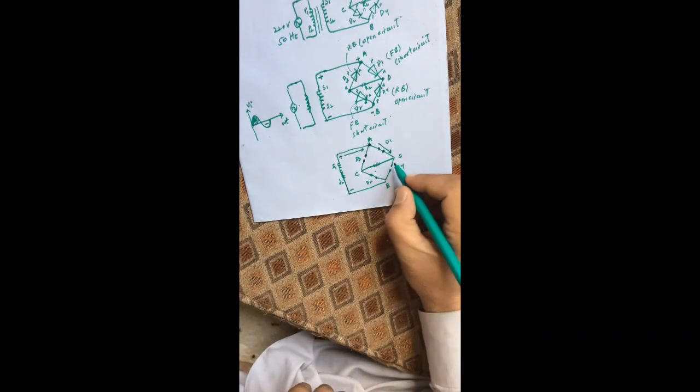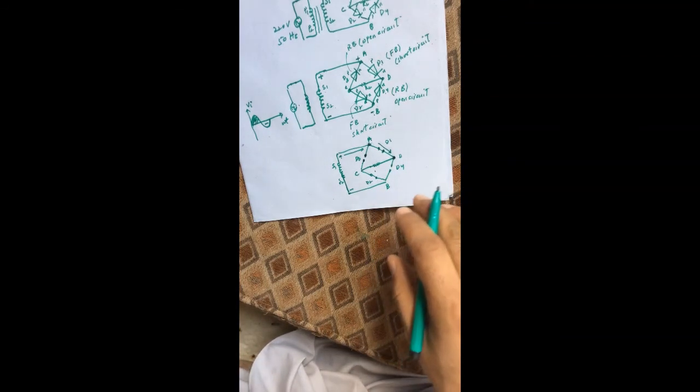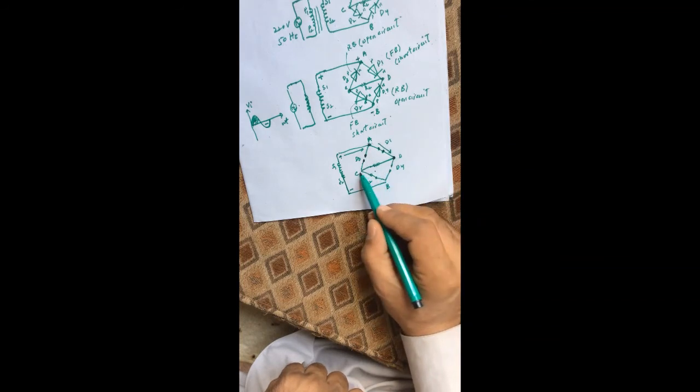When current reaches point D, then again we have two paths for the flow of current. One is path DB and the other one is path DC. But the path DB is forbidden for the flow of current because diode D4 is reverse bias. It behaves like an open circuit.